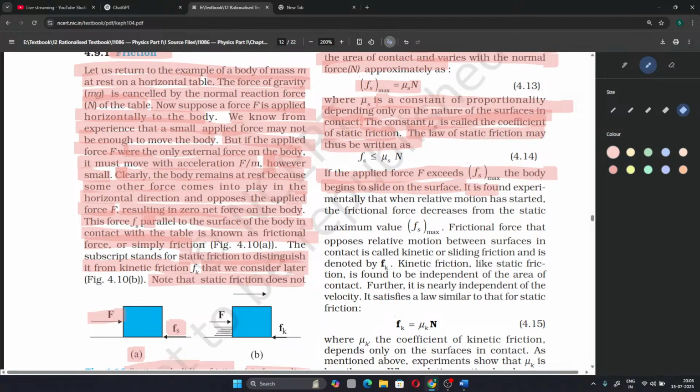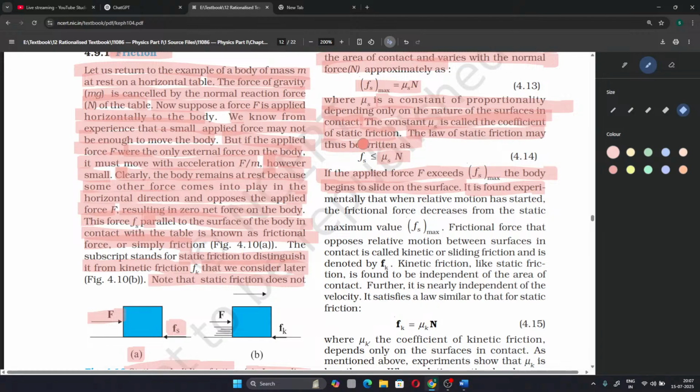It is found experimentally. We take it as less than or equal to mu s times N because it is only equal when we take the maximum static frictional force that is possible. Normally the static friction may be less than this value. This value, mu s times N, is only for the maximum static friction value possible.